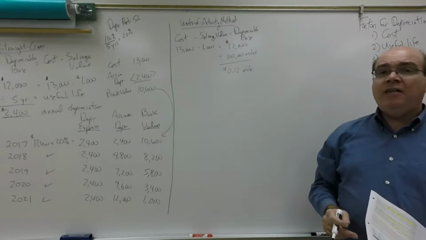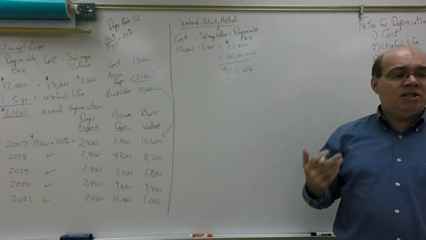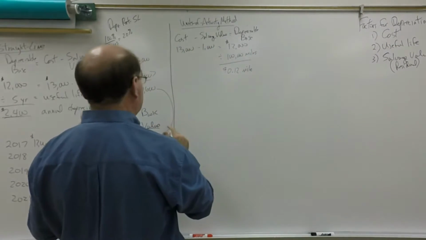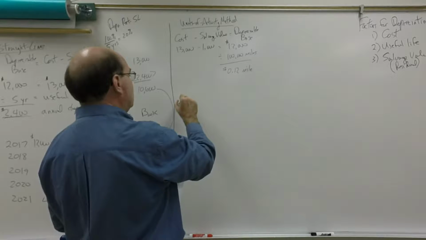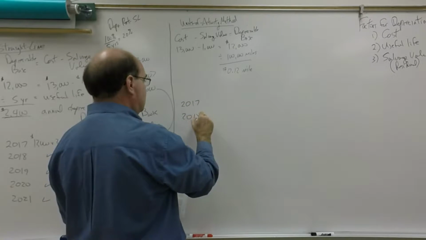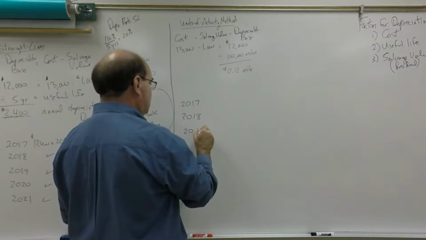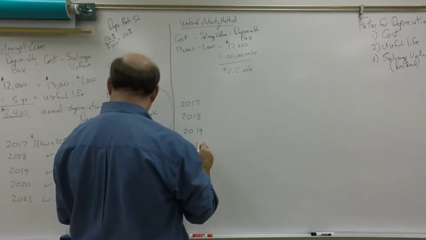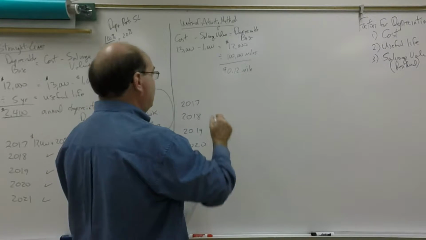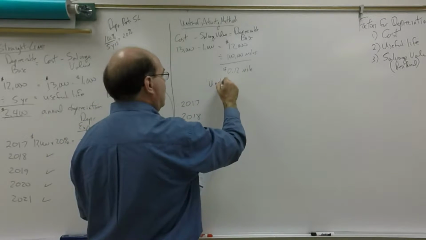So then once we've done that, then we need to know what the mileage is that we're going to drive every year. So again, on 406, you can kind of see the same depreciation schedule. We start off with 2017, 2018, 2019, 2020, and 2021. And here we have the units. And that's how many miles.